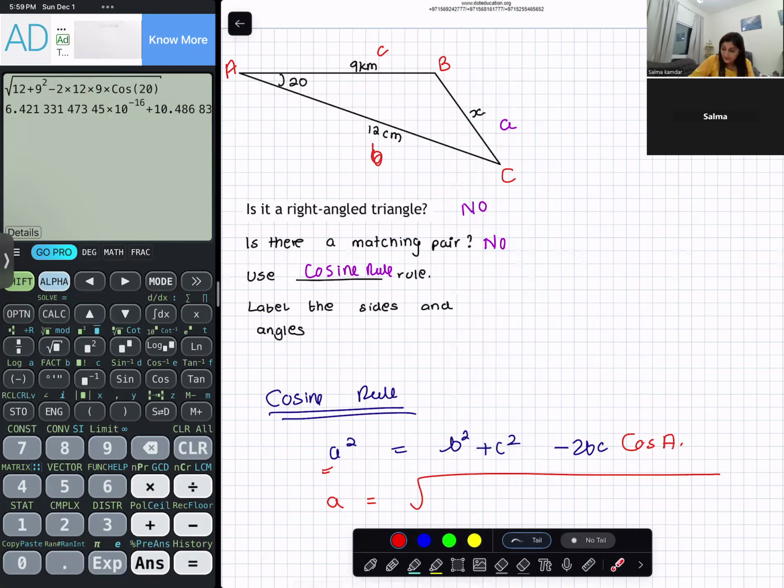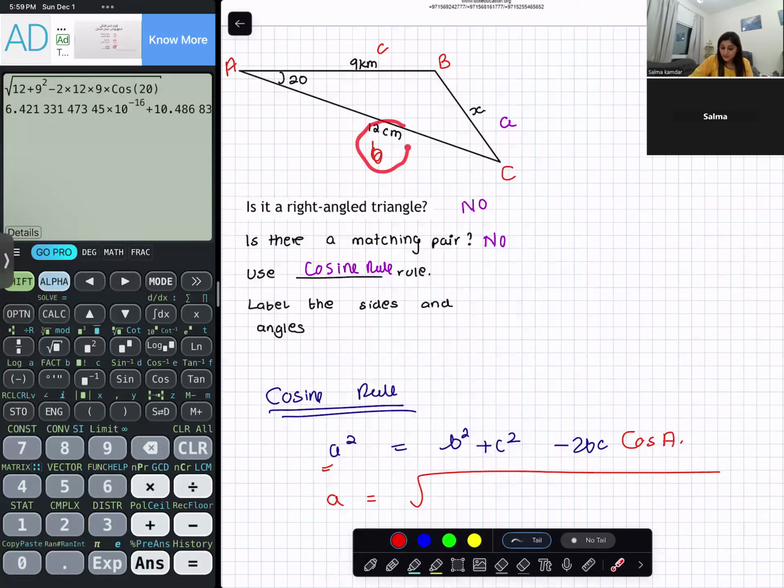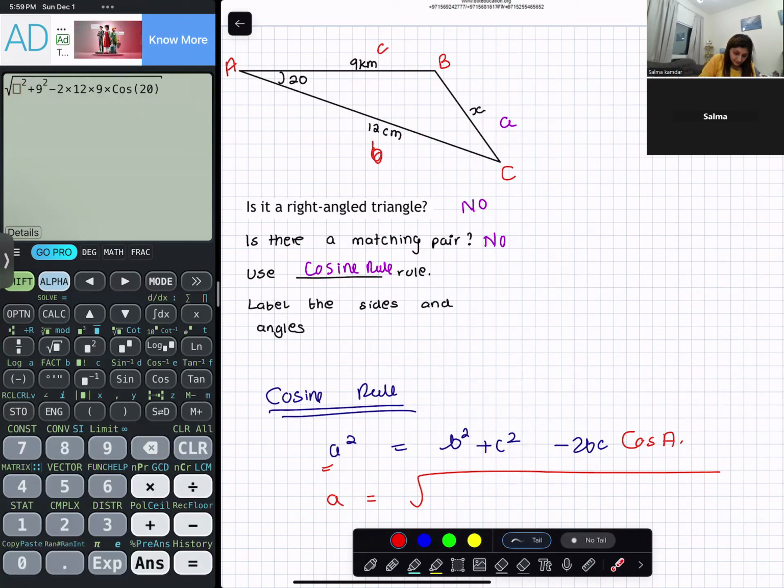A square is equal to B square, that is 12 square, plus 9 square. Is this 12 square? No. So I will put this over here: 12 square plus 9 square minus 2 into 12 into 9 into cos of 20.